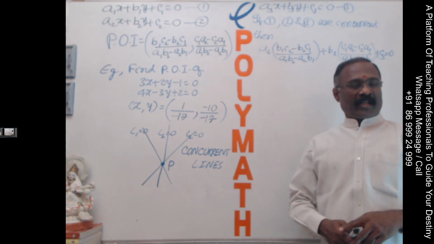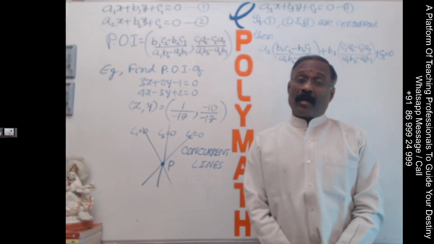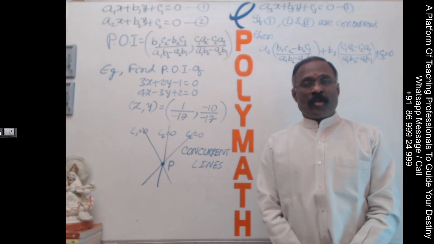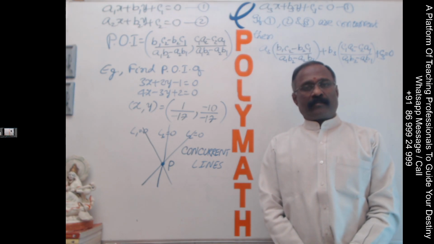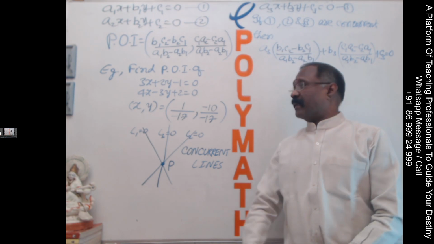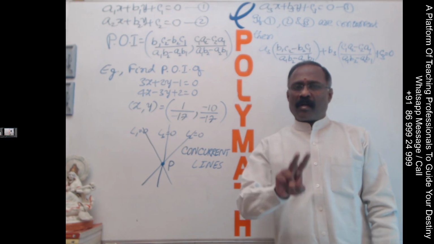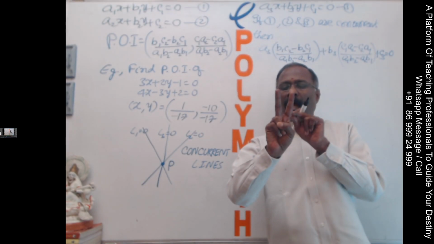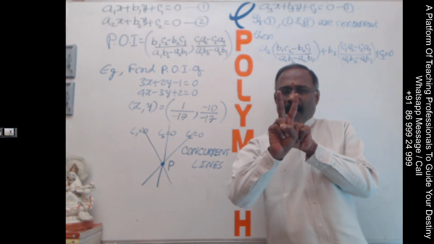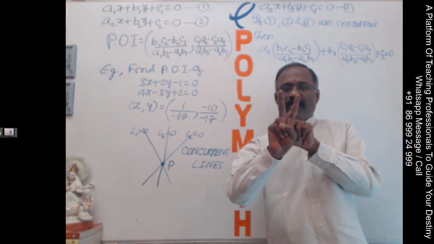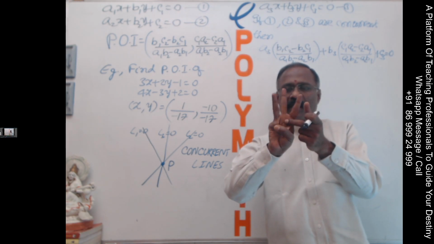So broadly, what is to be understood? If three lines are concurrent, given in numericals like this, simply solve two lines and you will get the point of intersection. Substitute this point of intersection in the third line.